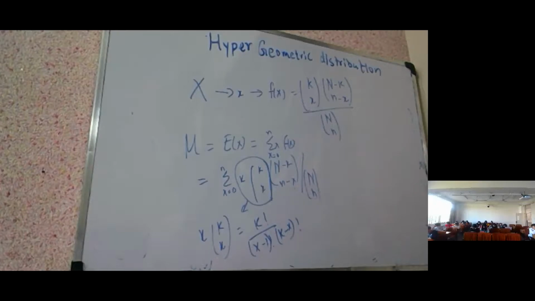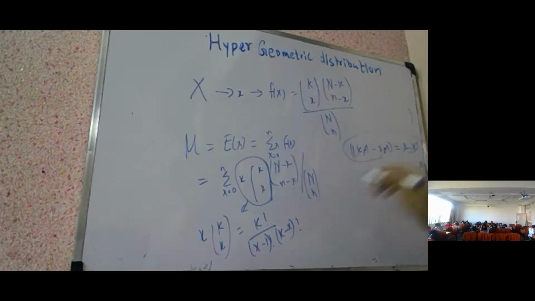Now, we know that if we subtract (k minus 1) minus (x minus 1), what will we get? This will be plus and there will be no bracket here, so minus 1 will be cancelled out. It gives us k minus x.